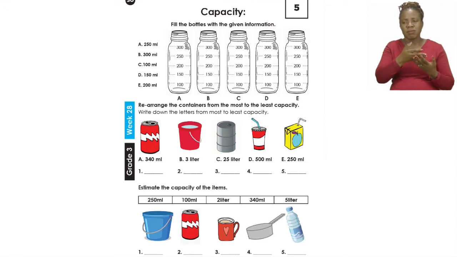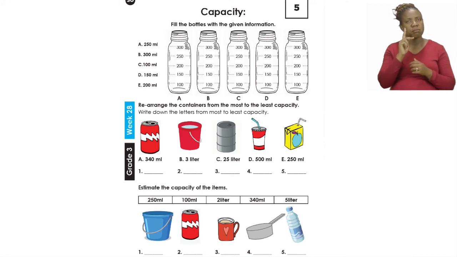Okay, there you will see all these containers: A, B, C, D and E. And just below that you have all the numbers where you have to write in the correct letter. Number 1, 2, 3, 4 and 5.